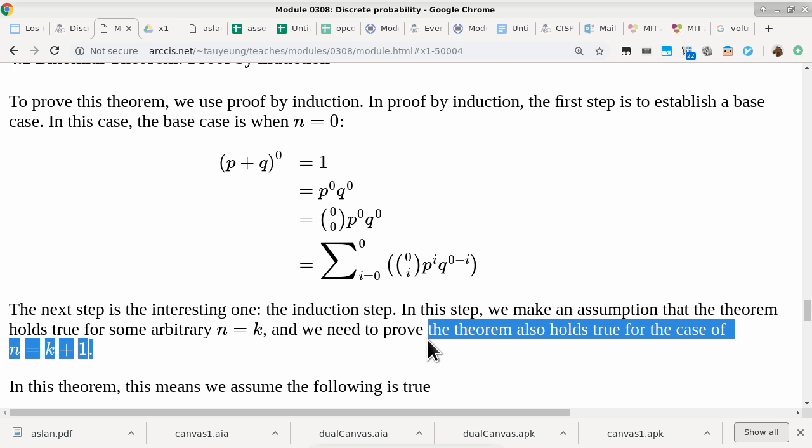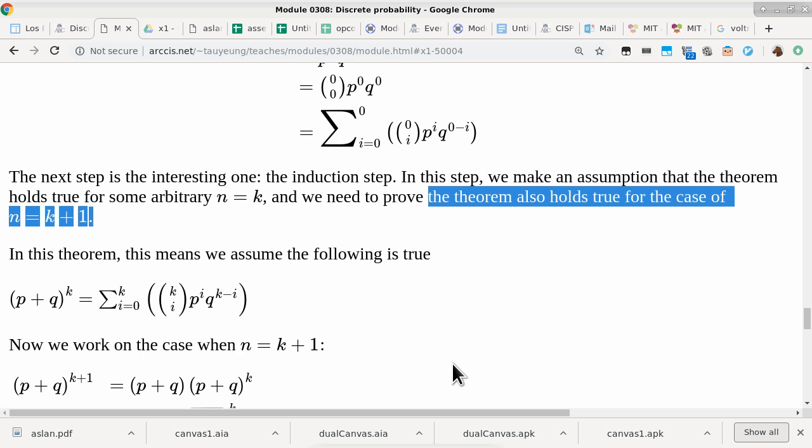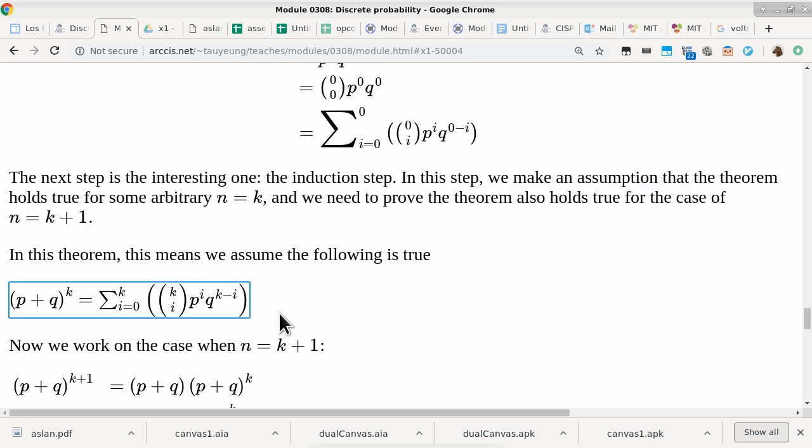Okay, all right. So getting back to this specific proof by induction, the induction step basically says we can assume that this is true for some arbitrary k. And k is not even known. I'm not saying that k equals 0 or k equals 200.